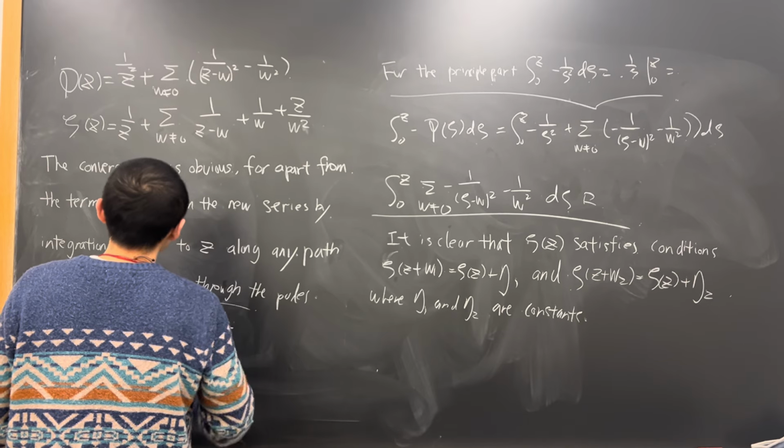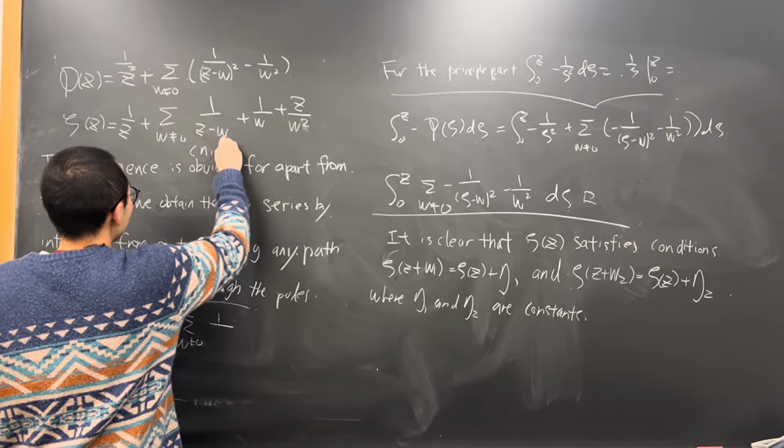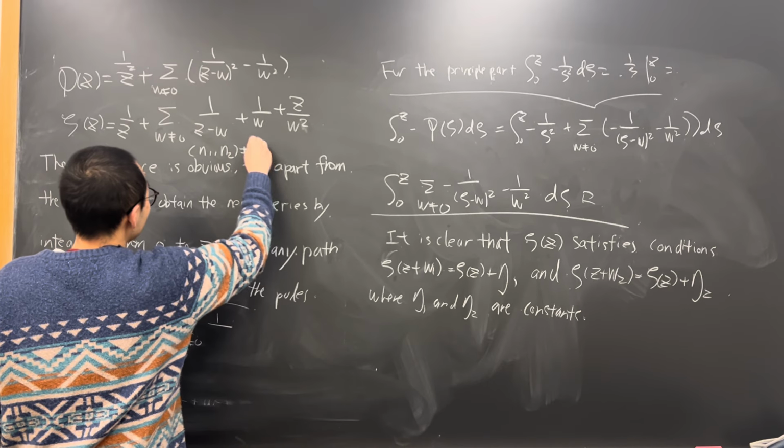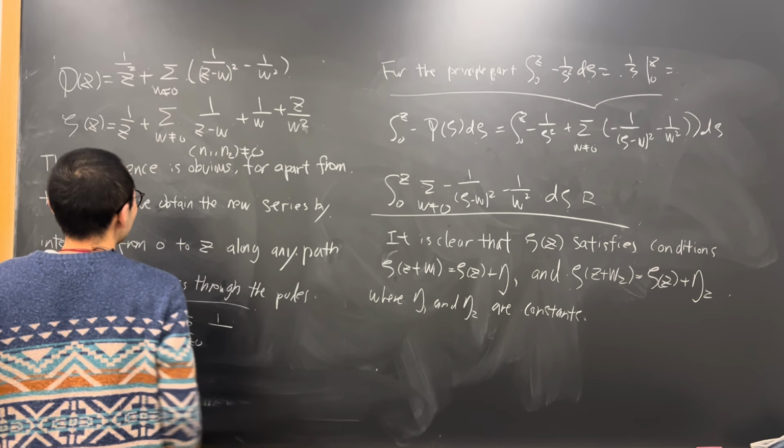Wait, I think there might be a difference because this omega can be equal to 0, right? So here you are taking over all the n1, n2 not equal to 0. And then here you are taking, yeah, think about the terms.